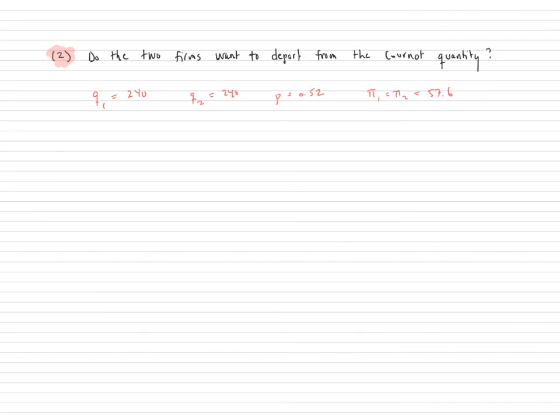But just for fun, let's suppose that firm 1 decided to produce one more unit in an effort to make more money. All right. First we have to find what the new price will be when they produce one more unit. It's going to be a slight fall from 0.52 to 0.519, and then will the firm make more money in this case?